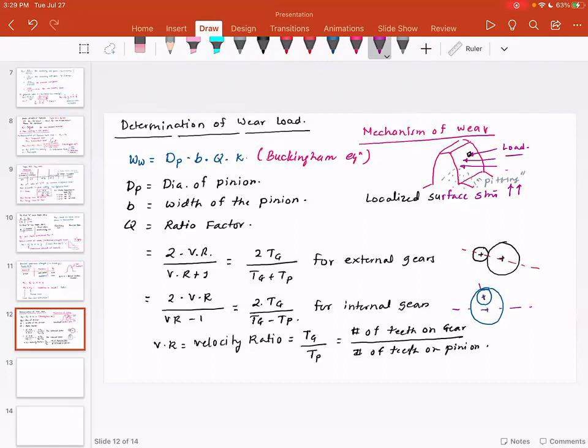All right. So then next, what is this K? K is called the load stress factor, or material combination factor. This load factor is given in Newton per millimeter square.